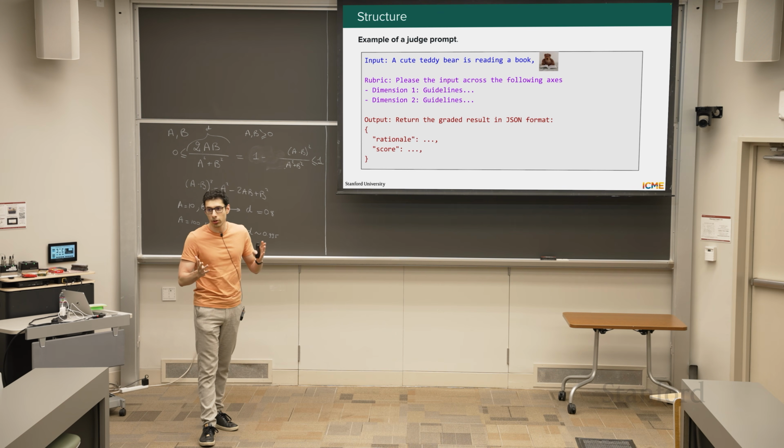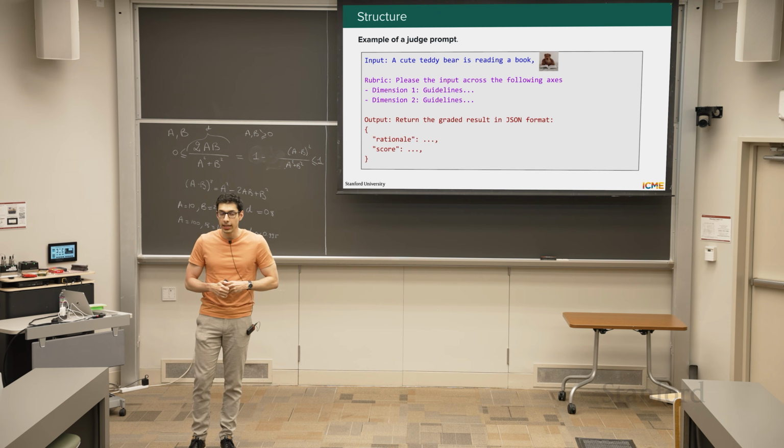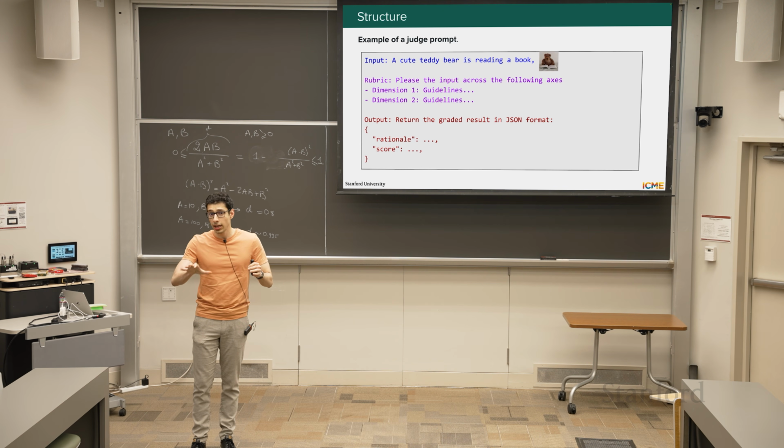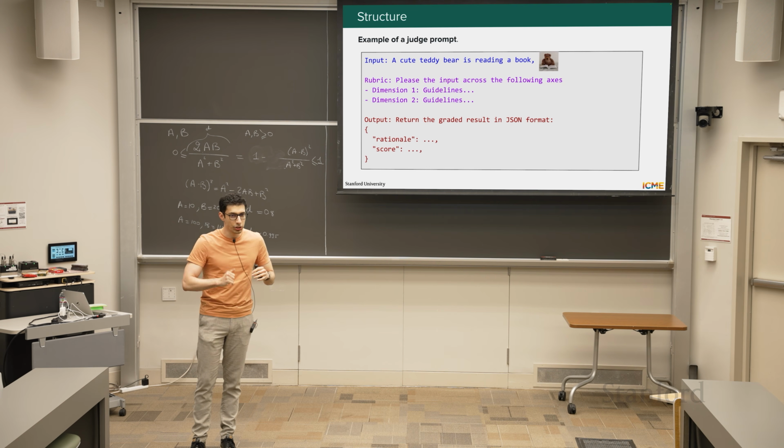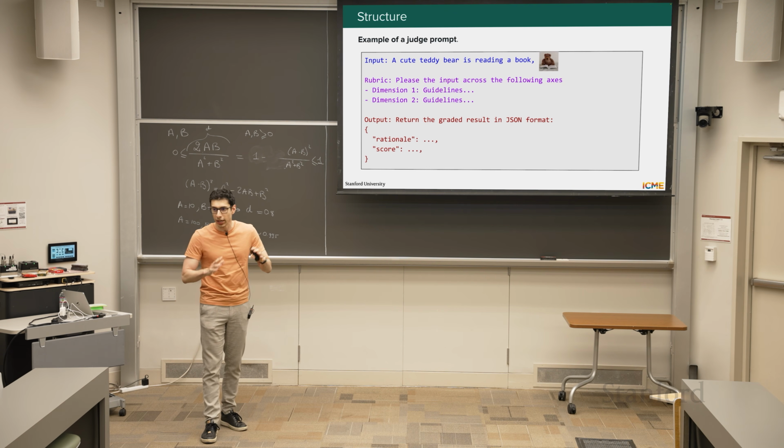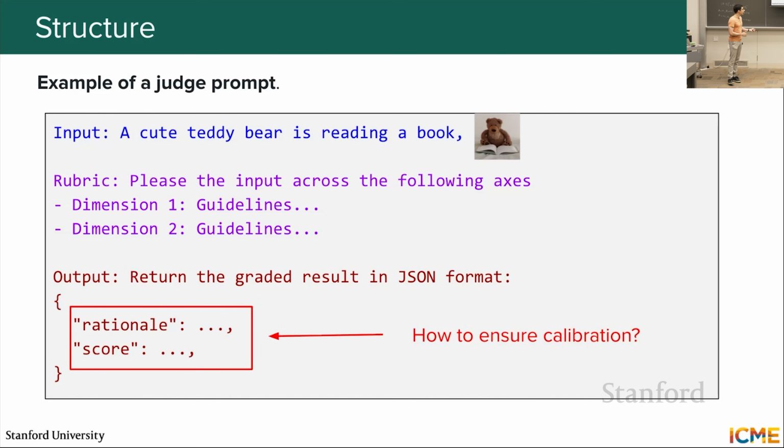One that is popular is JSON, because you can then parse scores and rationales and anything else that you care about in a structured way by just accessing fields. And one question that comes to mind is how to ensure that the rationales and the scores actually do make sense.